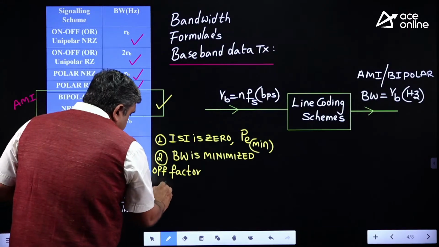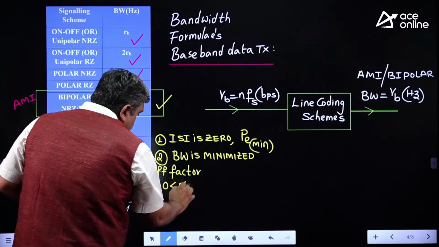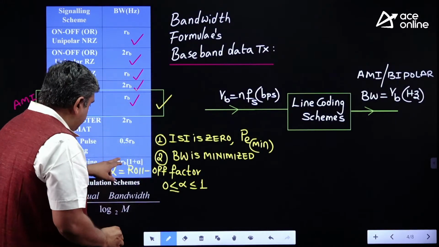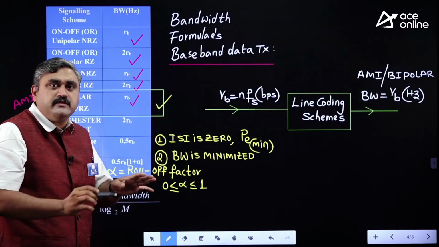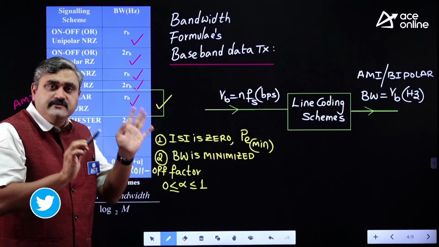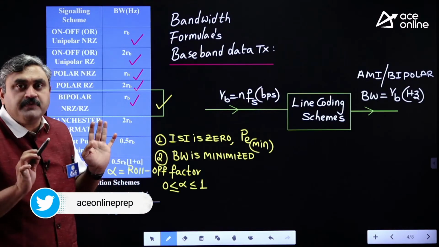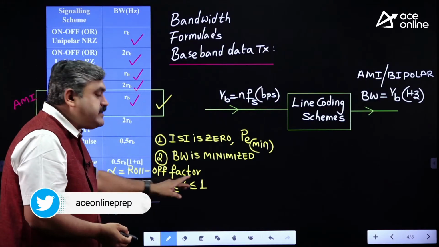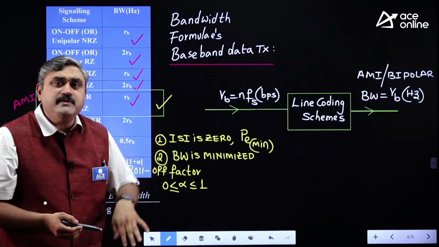So this roll-off factor value is always between 0 and 1. If you take 0, then it will be RB by 2. Roll-off factor 0 means what? There is no pulling of the pulse at all. Raised cosine pulse and Nyquist pulse are both the same. If you pull it, maximum how much pull can you do? Alpha is 1.